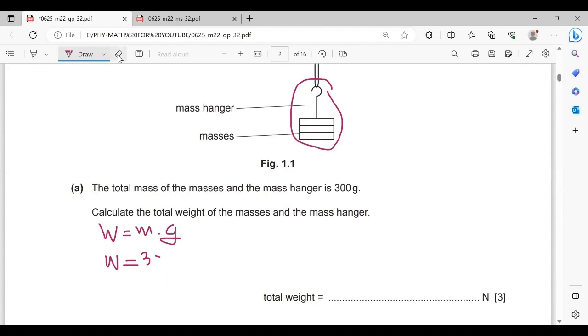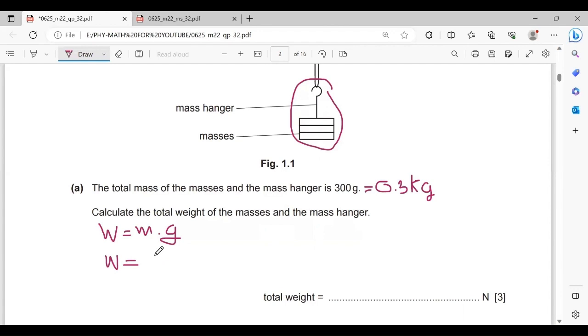I'm going to convert first. 300 grams equals 0.3, sorry, 0.3 kg, I mean. So 300 grams equals 0.3 kilograms.